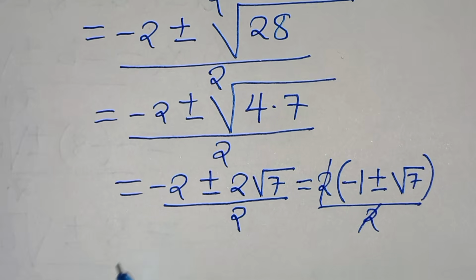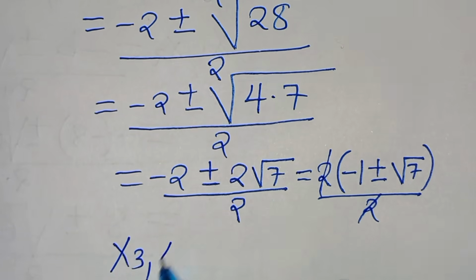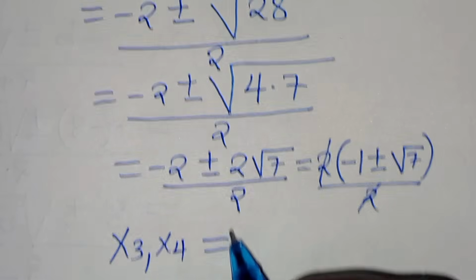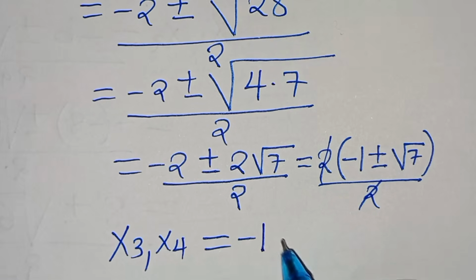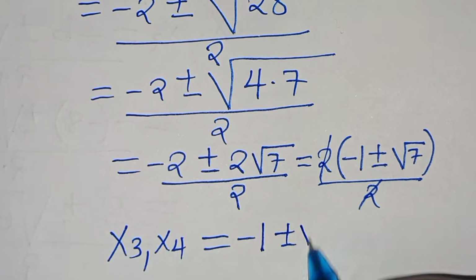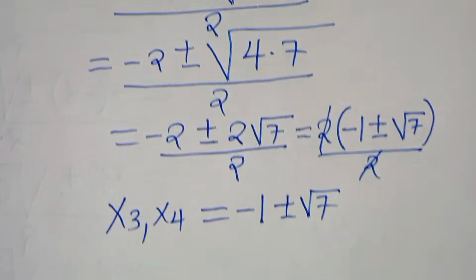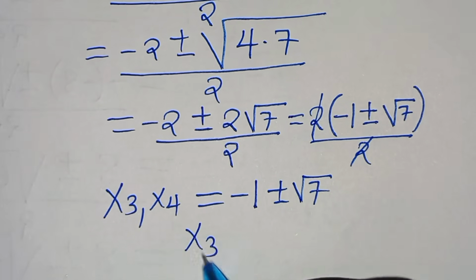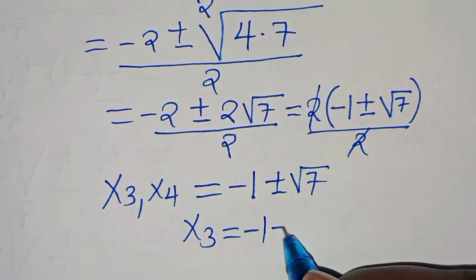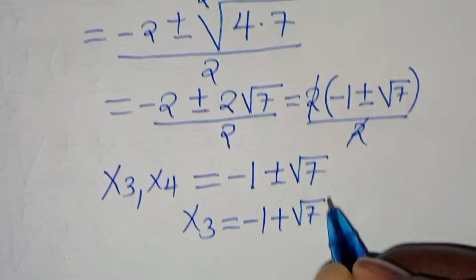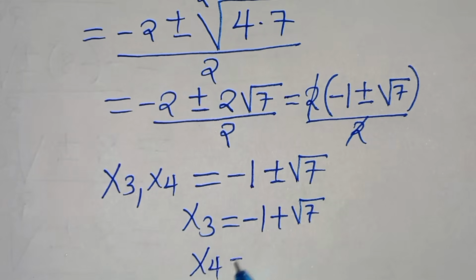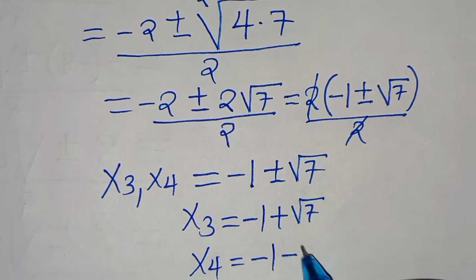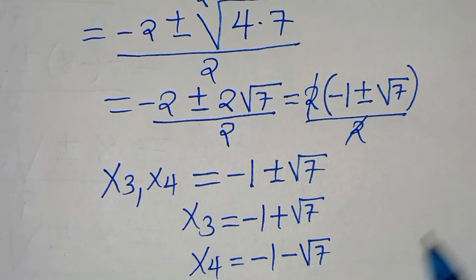And this means that x3, x4, this is equal to minus 1 plus or minus square root of 7. So we have x3 is equal to minus 1 plus root 7. And we have x4 is equal to minus 1 subtract root 7.